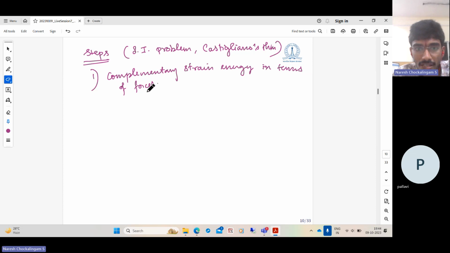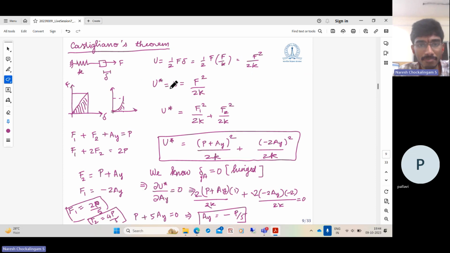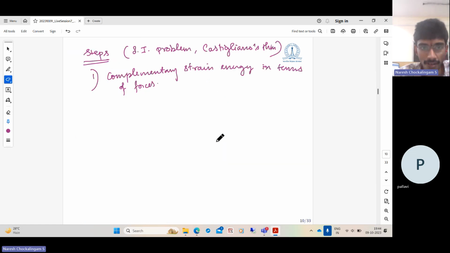If you write it in terms of displacements, you can't take the partial derivative with respect to force directly. You can do it, writing it in terms of the displacements, half k delta 1 square plus half k delta 2 square, but then after differentiating with respect to delta, you need to apply the chain rule. So you can also do that, but the simpler way is to always write it in terms of the forces.